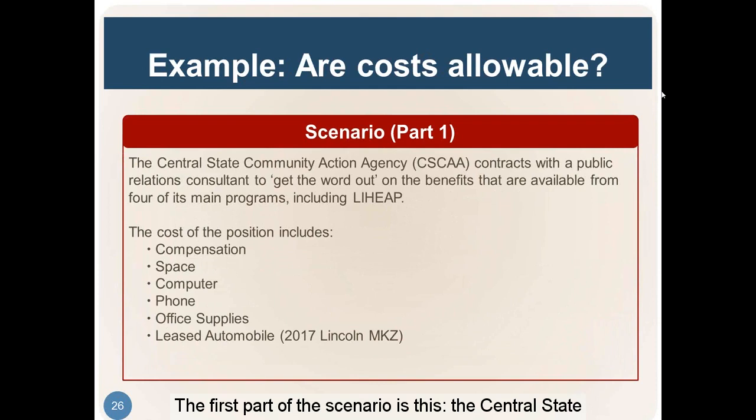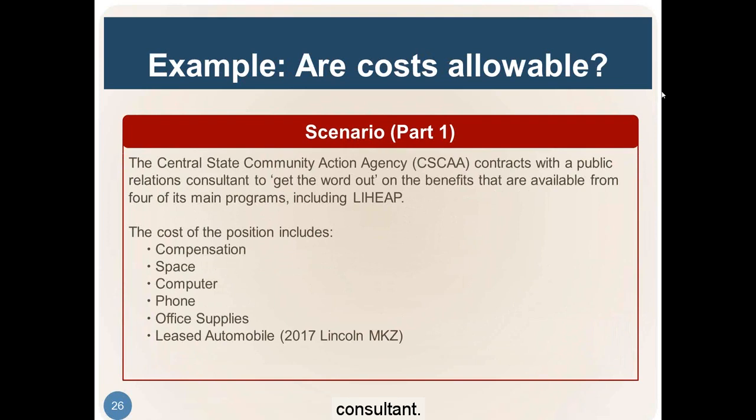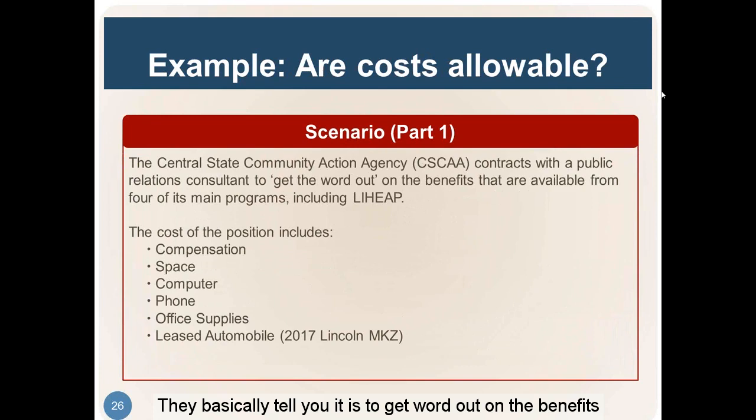So the first part of the scenario is this. The Central State Community Action Agency, one of your community action agency subrecipient agencies, contracts with a public relations consultant and basically tells you it's to get the word out on the benefits that are available from its programs, specifically from four of its main programs, including LIHEAP.